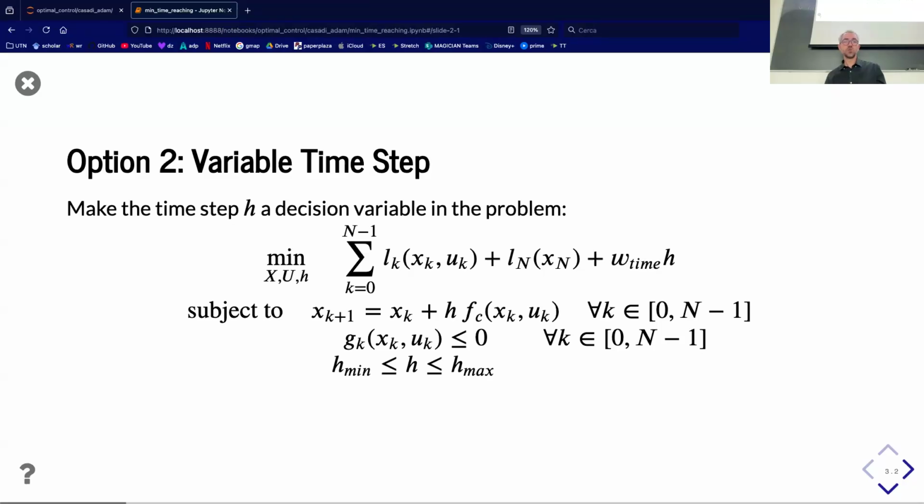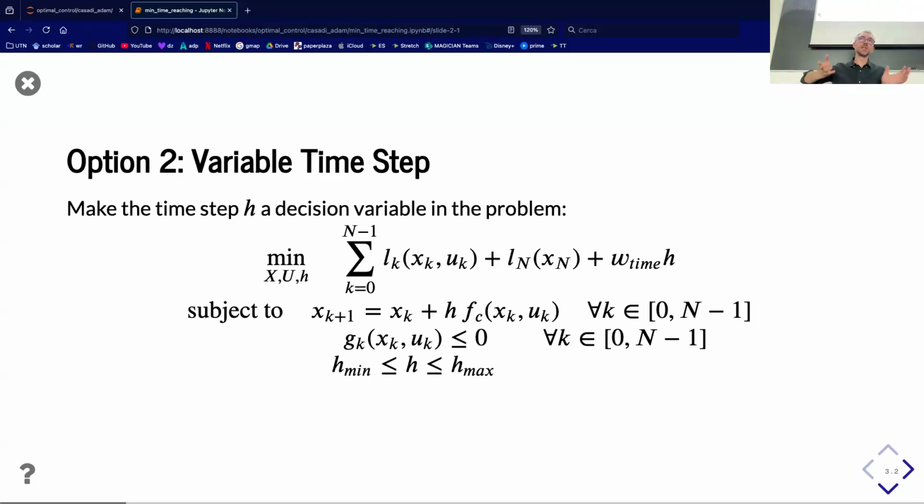So with this, you're really minimizing time. Yeah. You have to know the states and the controls before, because you have to fix those before solving for the time step? No, you typically only know the initial state and the desired terminal state, or the terminal position of the end effector.